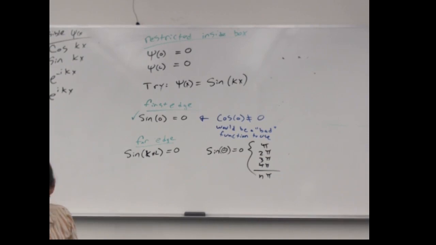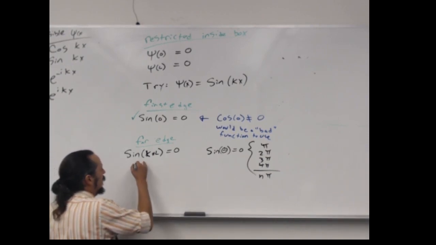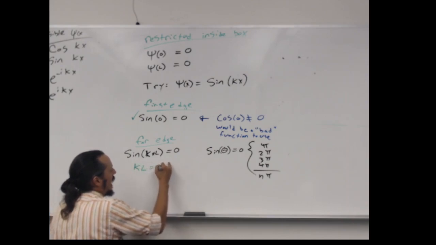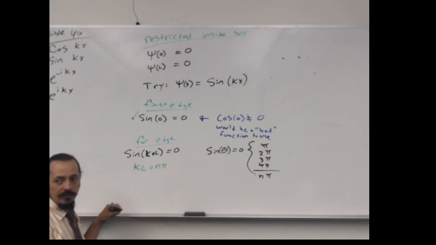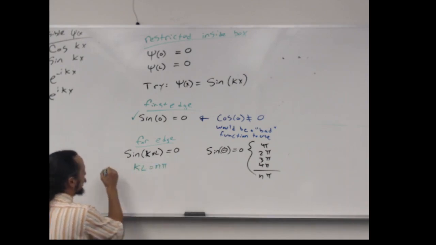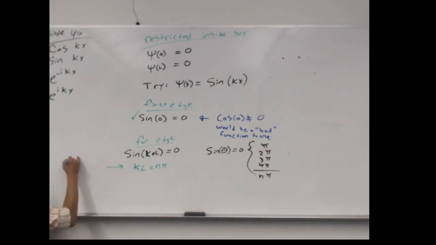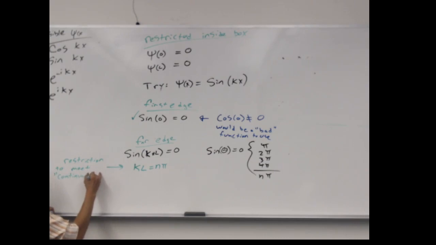So that means if I put a restriction of kL equals n pi, right?